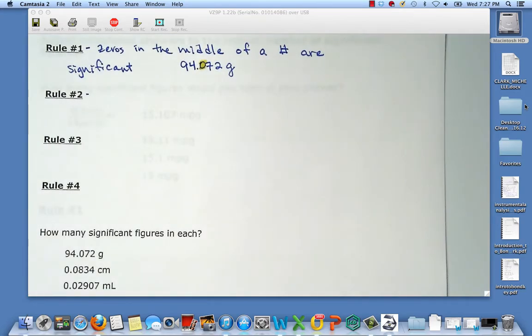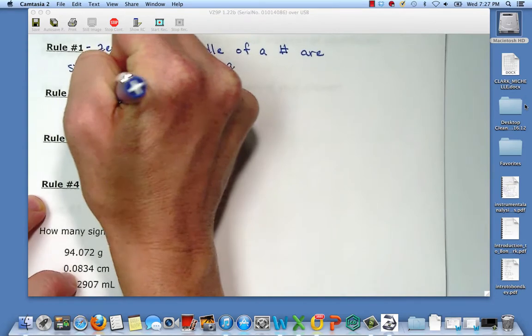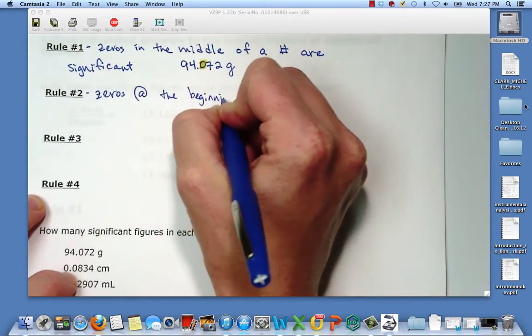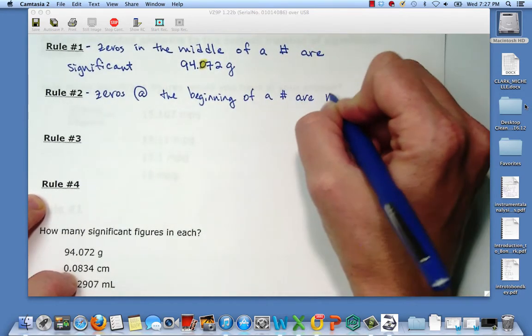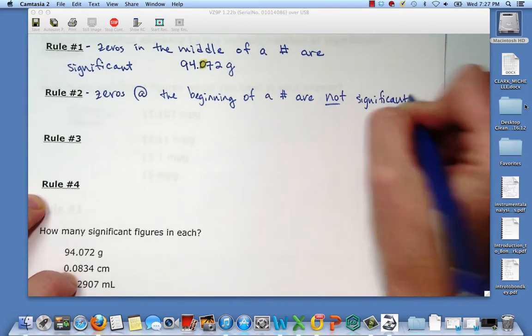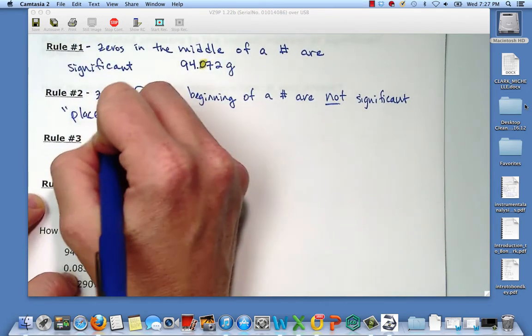The second rule, zeros at the beginning of a number are not significant. They only act to locate the decimal point. So they're just placeholders. So zeros at the beginning of a number are not significant. They are placeholders.